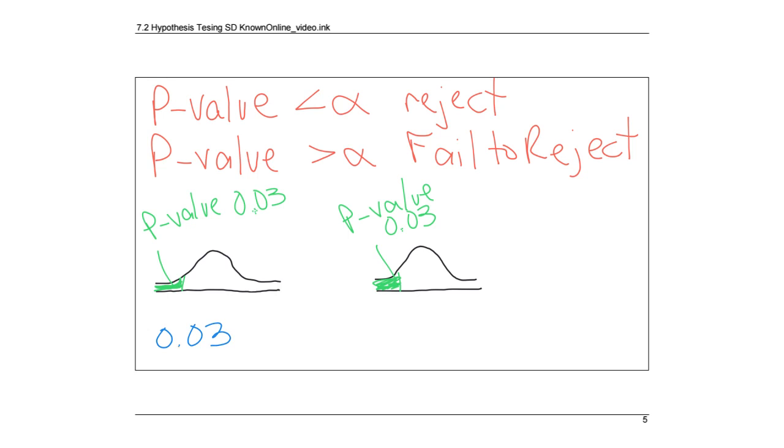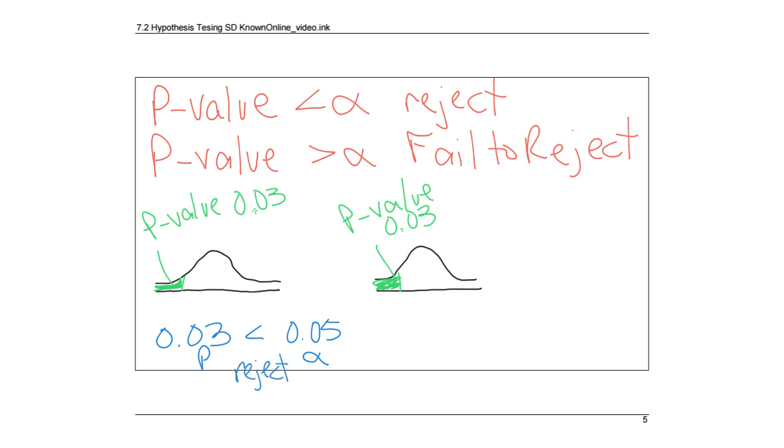And let's make my alpha 5%. Okay, so you definitely can see that the p-value is less than alpha. And so that means that I'm going to reject.